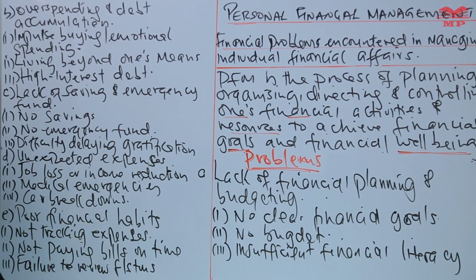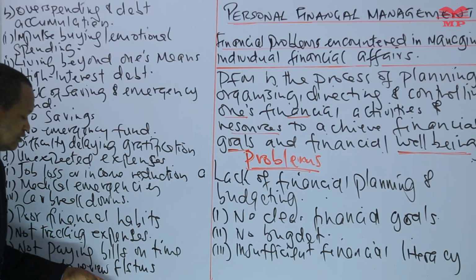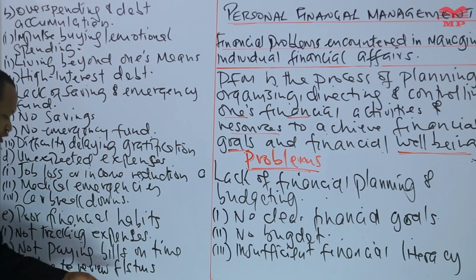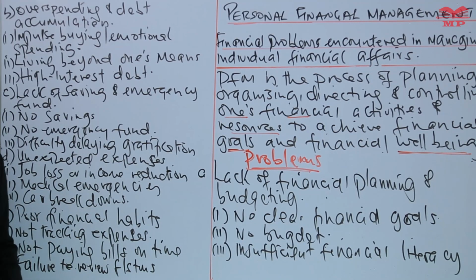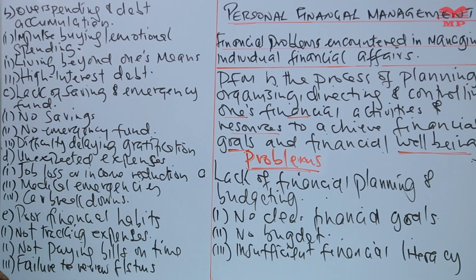And most households or individuals do not have such statements, so reviewing becomes impossible. Ignoring financial statements, candidates, can prevent one from identifying potential problems early. So these are 3 points on poor financial habits: not tracking expenses, not paying bills on time, failure to review financial statements.